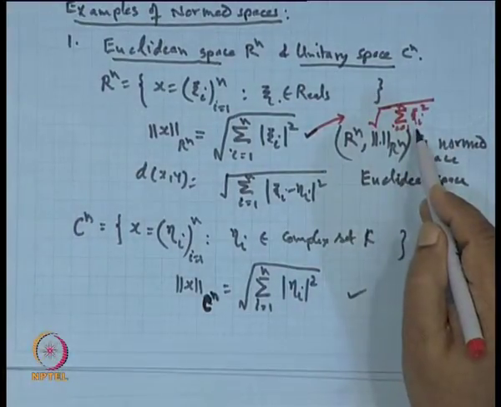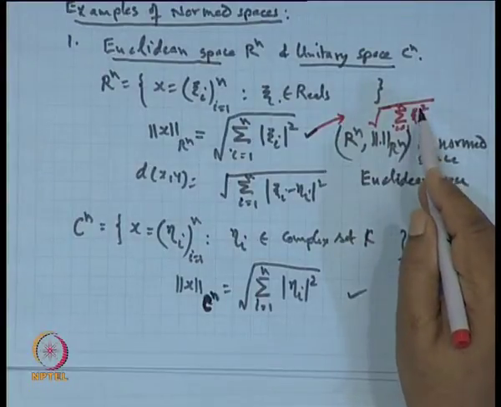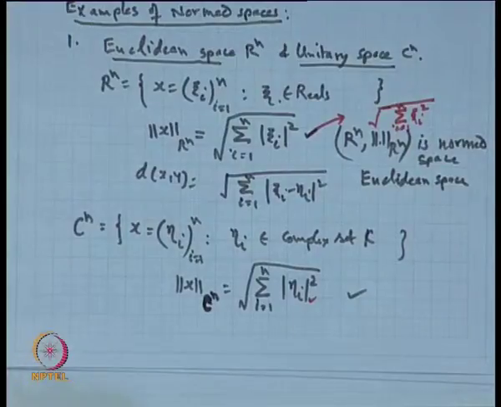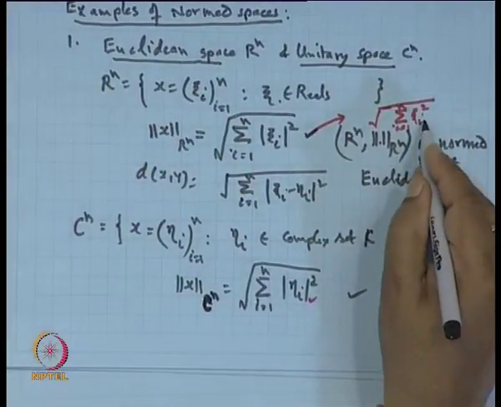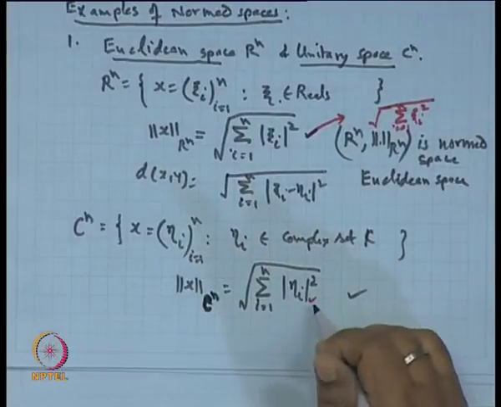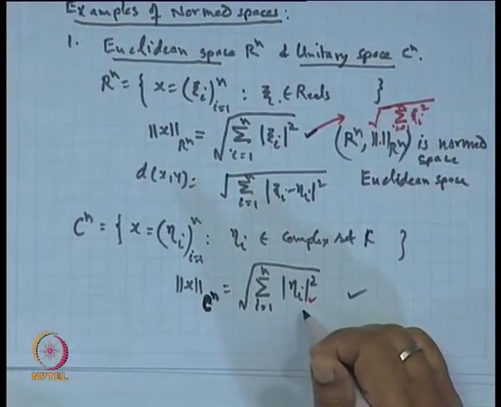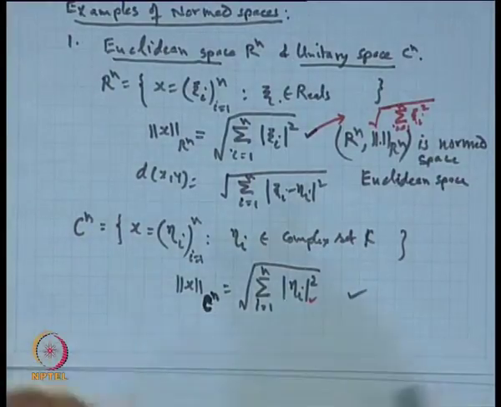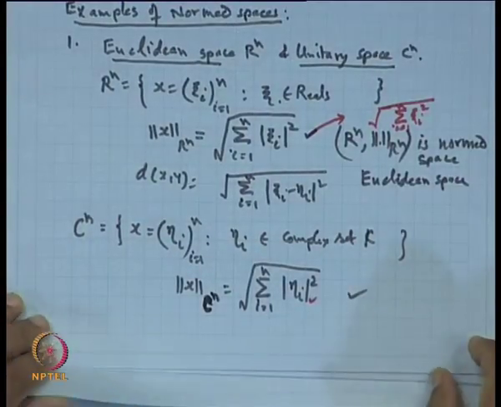Because they are real, so x i square will be positive. But here we have to use this mod sign, because they are complex numbers. So, mod of eta i must be real. So, basically we can write this one, or mod x i, there is no difference, but here you have to strictly use the mod, the absolute value of these complex numbers, and then make the square. So, it is clear.